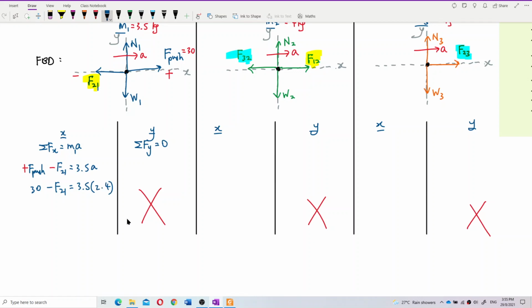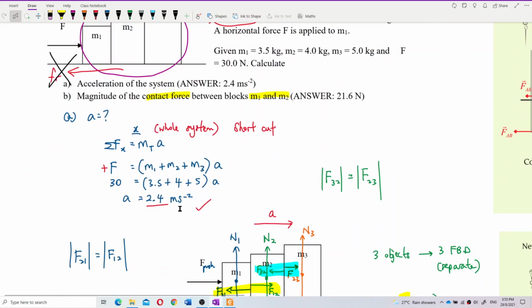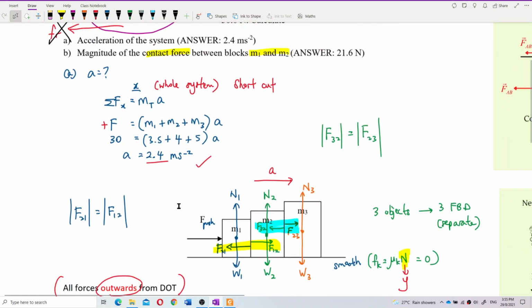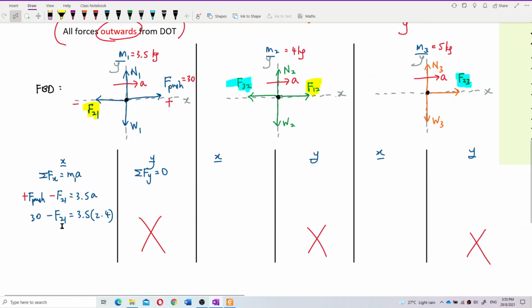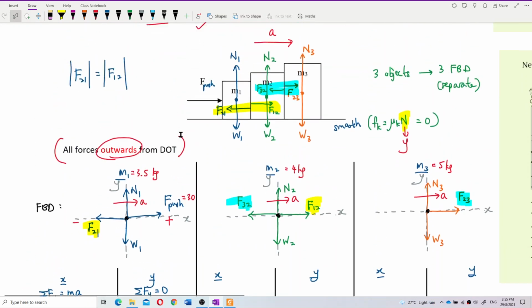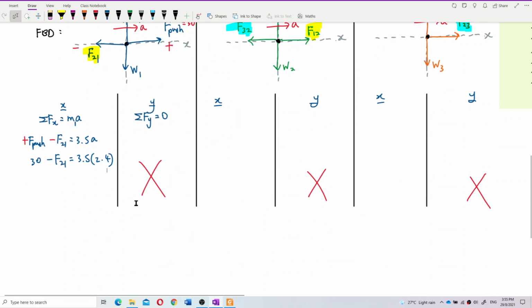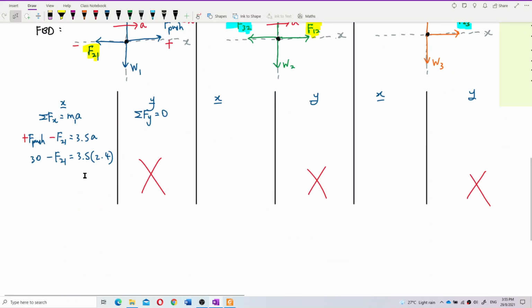It's easier this way because I don't need to do all the simultaneous equations just to get F21 and the acceleration. The shortcut actually saved me a lot of time. I have the acceleration, I just put it in here, and I can straight away find the contact force F21. It is much faster.